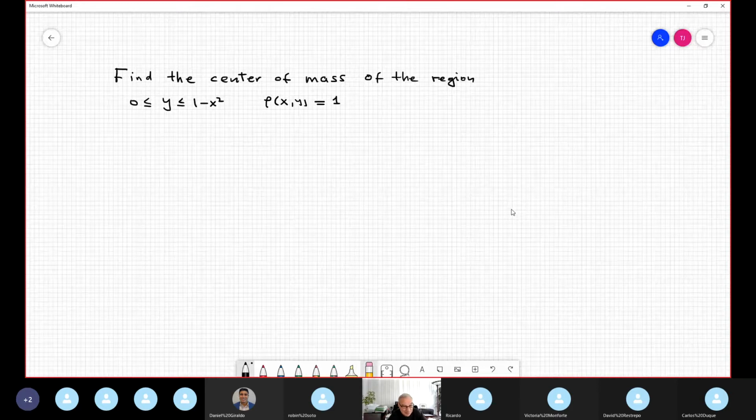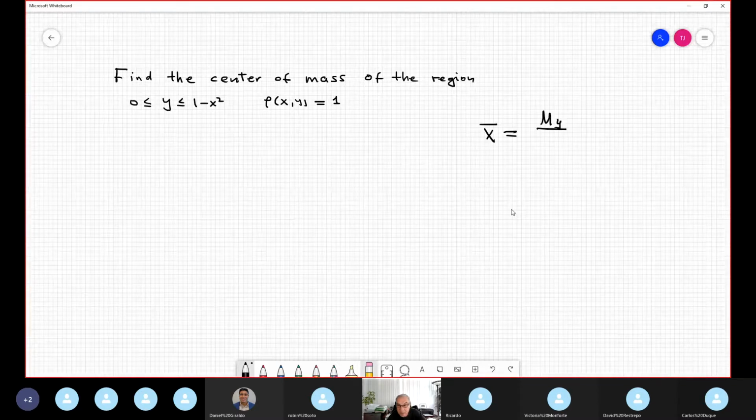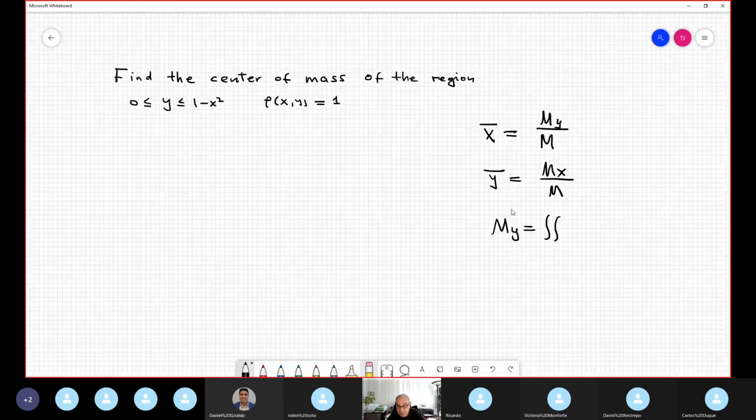The formulas for the center of mass: x-bar is My divided by m, where m is the mass, and y-bar is Mx over m. My is the double integral in the corresponding region of x multiplied by the density function.